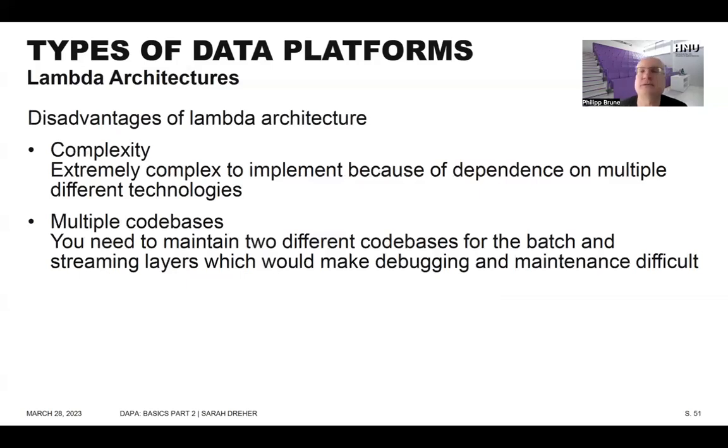The downside is, of course, it's complex because it does everything. Yeah? It combines two platform types, and you rely on different technologies for the different tasks. And of course, you have different processing paradigms. So if you write a converter or some operation or some code that does something with data, you basically need to do it in two ways.